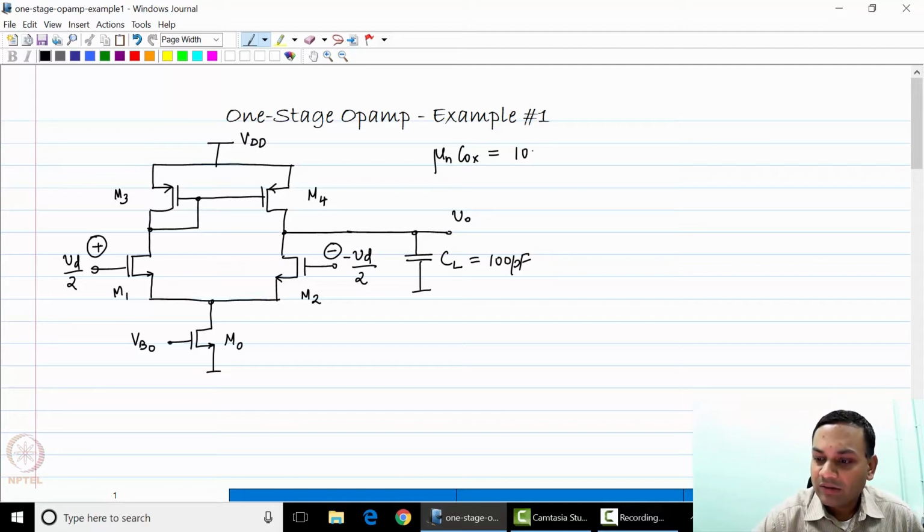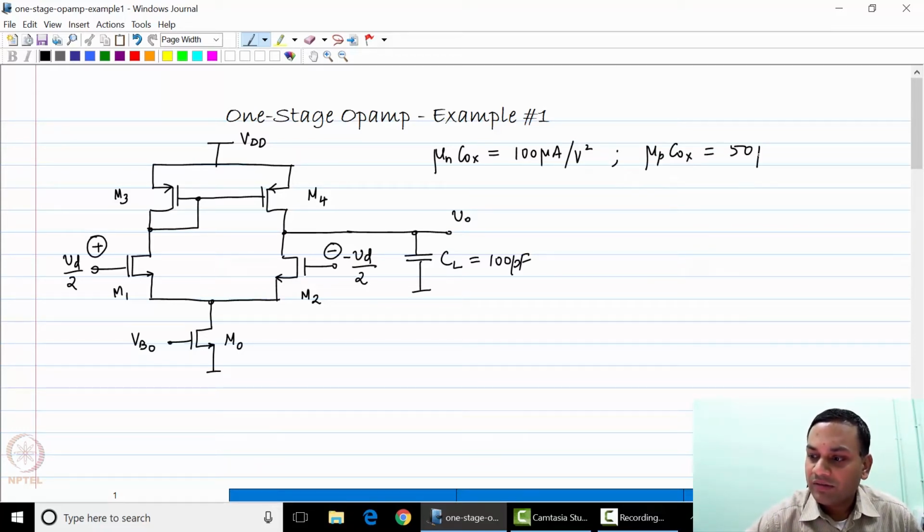Mu N Cox is 100 microamp per volt square. Mu P Cox is 50 microamp per volt square.